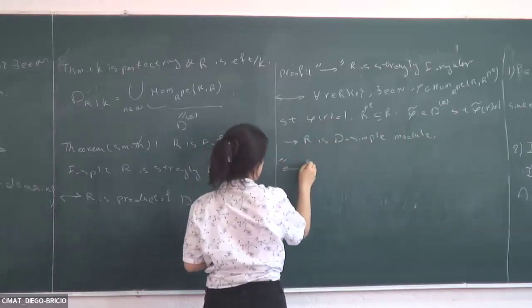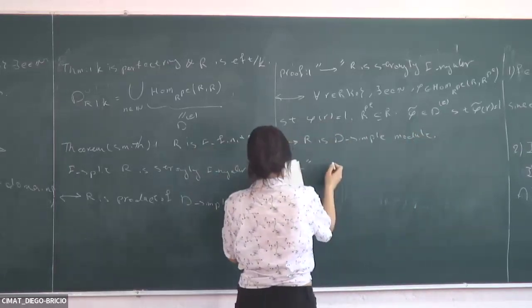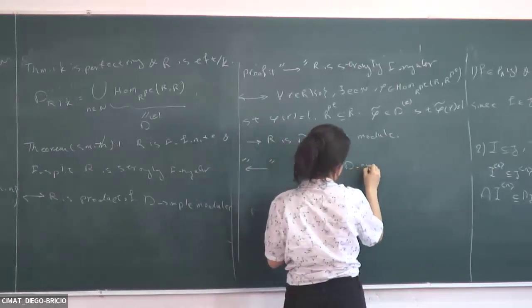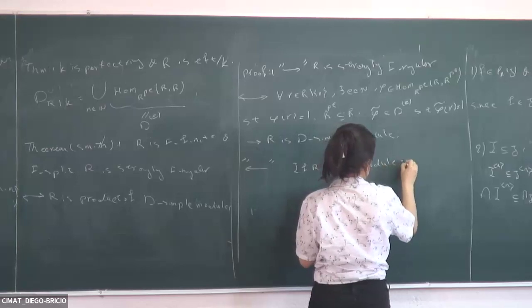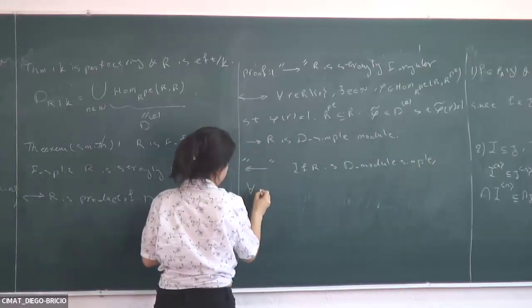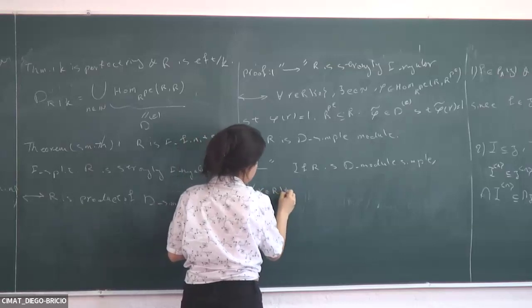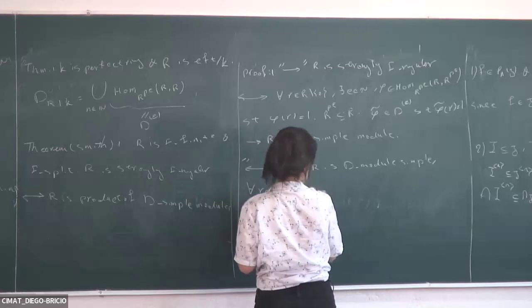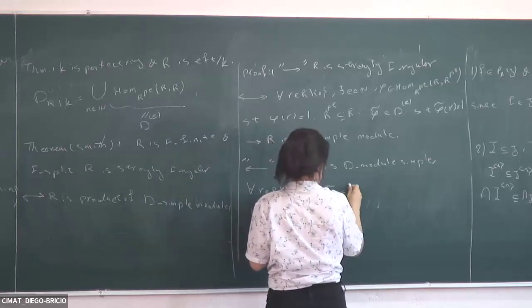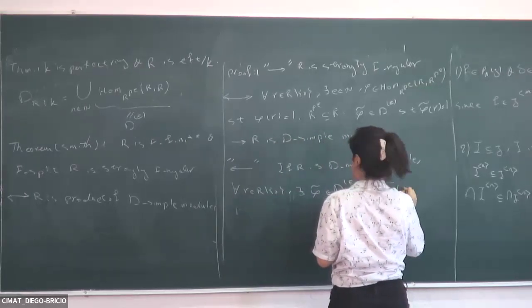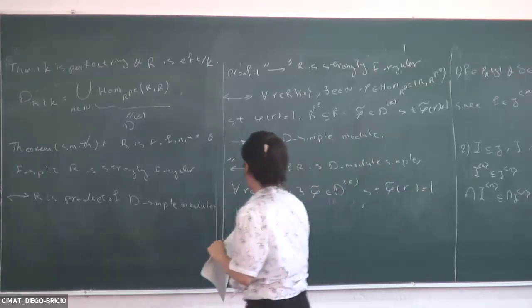Again, for the opposite case, for every r in R minus 0, there is some e such that the image of r is equal to 1.